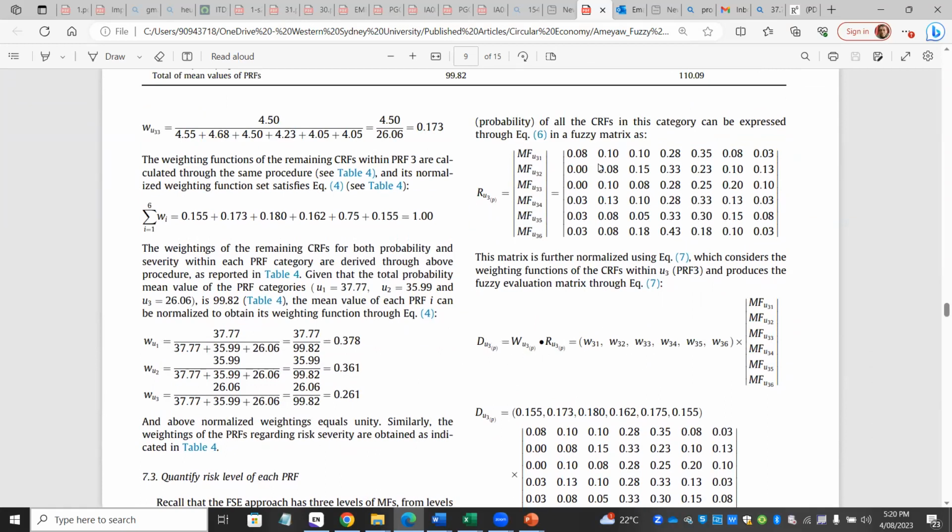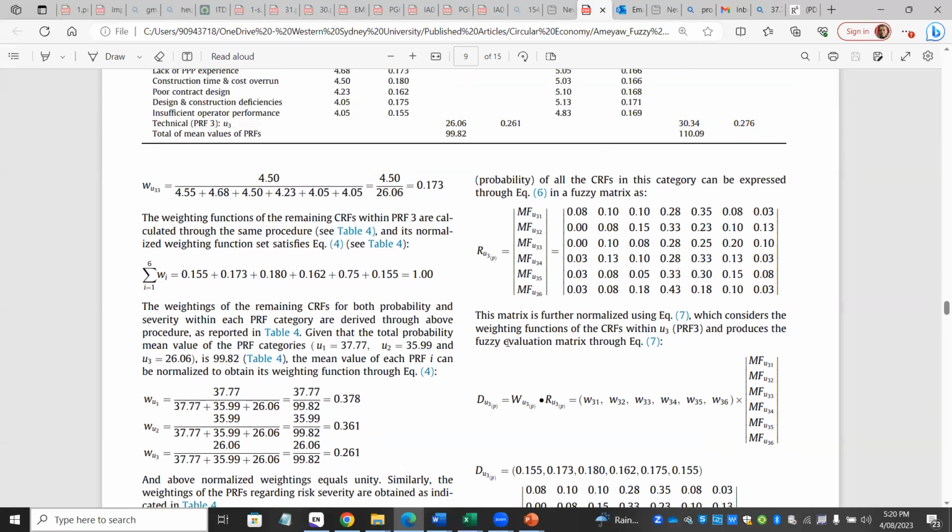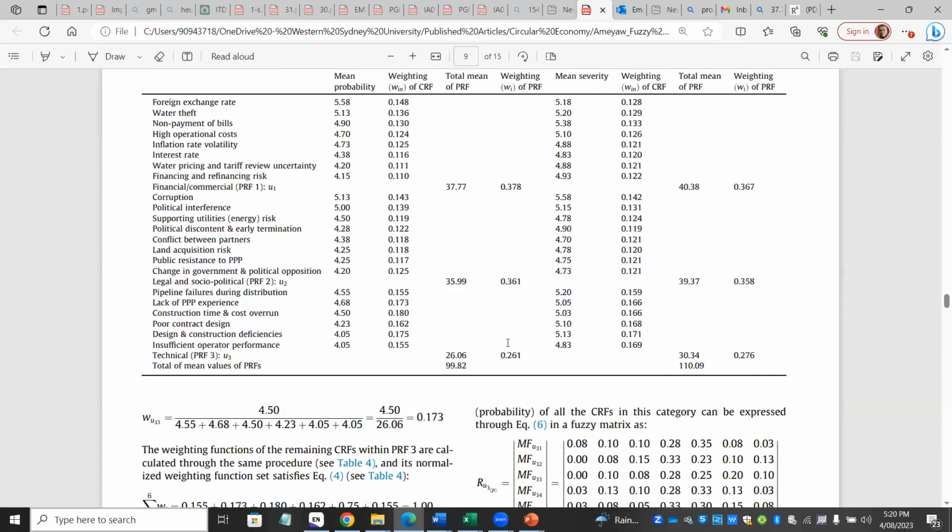Then we multiply the membership functions of each of the factors by their weightings. So how do we get their weightings? Don't forget, we did the weightings here.